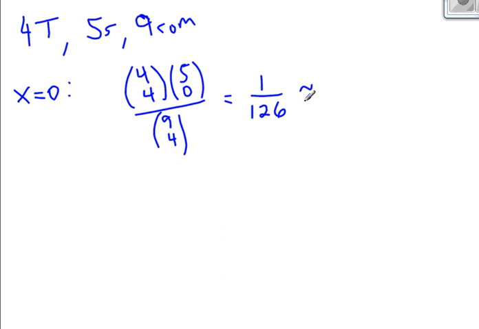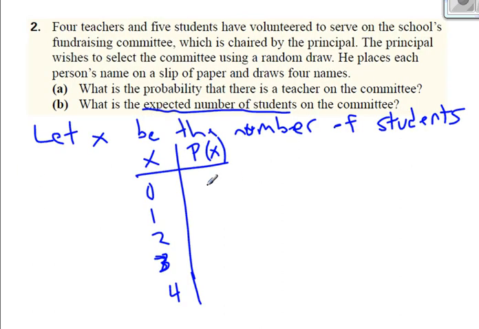And of course, let's turn this into a decimal approximation: 0.0079. So that's the probability in decimal form that there are no students on the committee. So I can go up here, and in my probability table, I can enter 0.0079. And there's a decimal here.